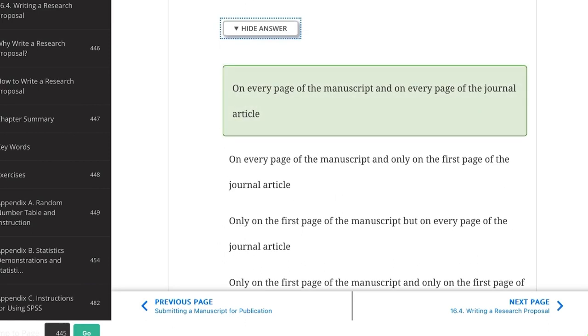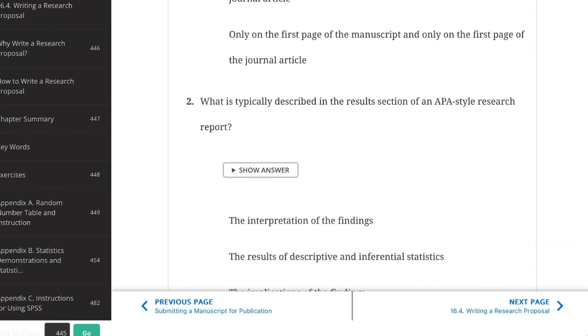And when it's actually in a journal, it is going to be on every page of the journal article, again, so that they can identify that this information that's below this point goes with this article. That's part of the purpose of that running head.